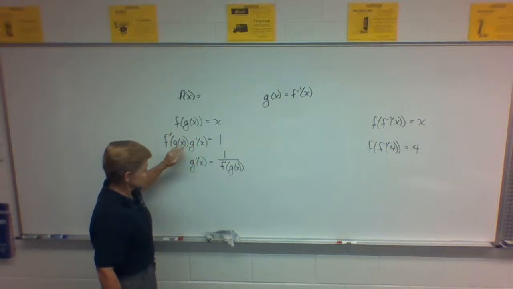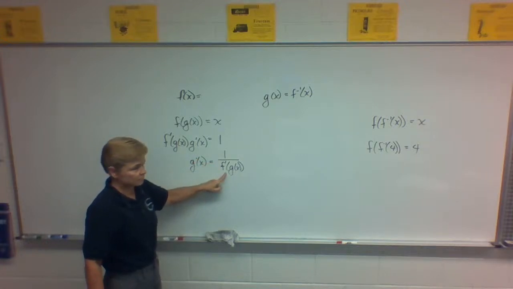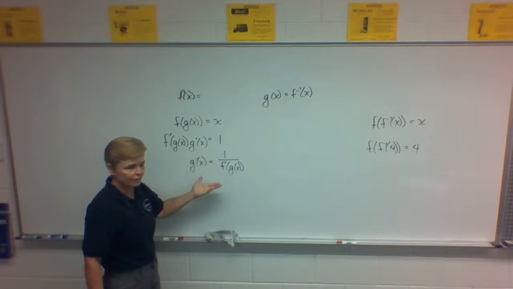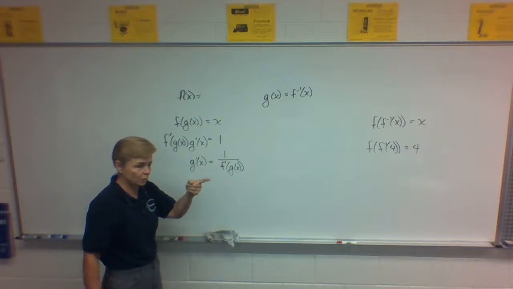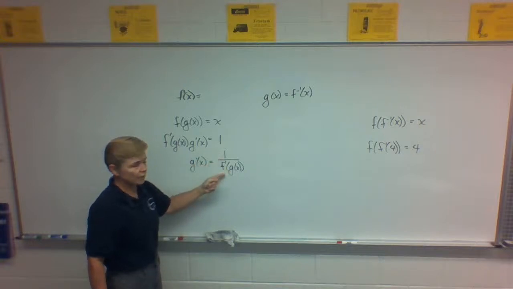What I'm saying is the slope of g at that very same x is the reciprocal of the slope of f at that same point. That's more evidence that the reciprocal thing actually works. The slope of g is the reciprocal of the slope of f at the same point.